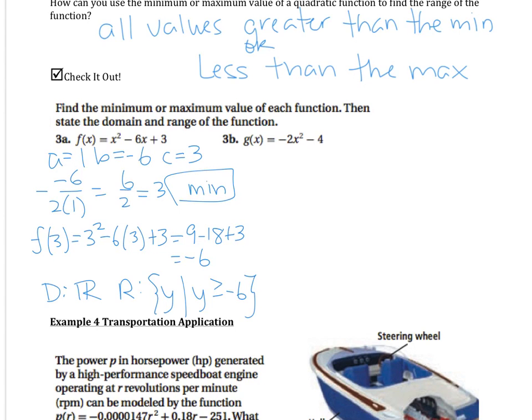So you try the next one. I'll give you a hint. A is -2, b equals 0, c is -4.